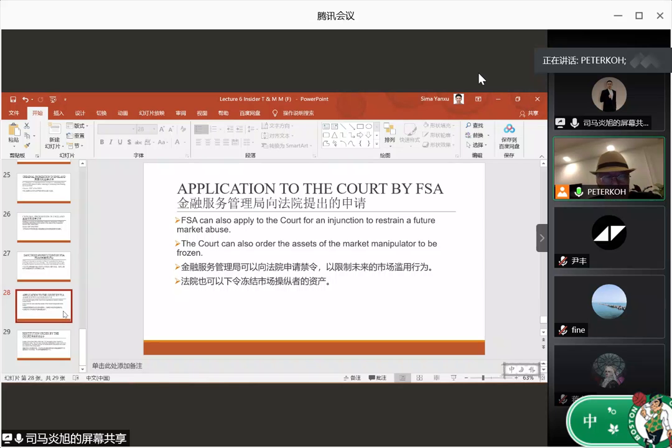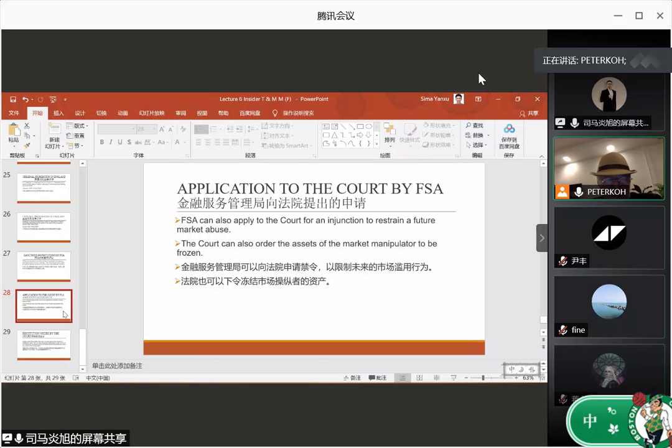However, the FSA can always appeal to the court. They have this right. Any court, meaning the court in England, for an injunction to restrain future market abuse. The FSA, the governmental body, can apply to the court for an injunction to stop, to restrain, to minimize future market abuse.